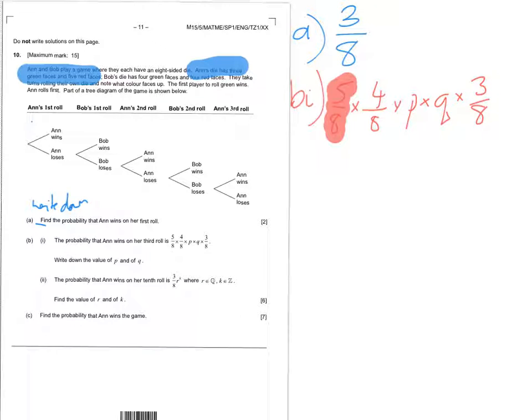That 5/8 comes from Anne losing on her first roll. The 4/8, well, that comes from Bob losing on his first roll.